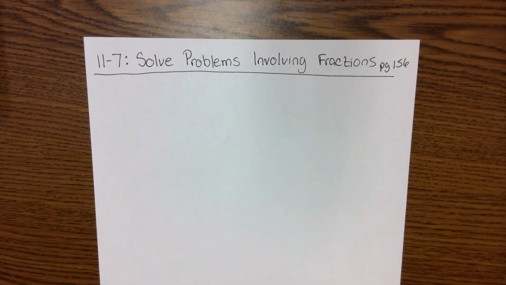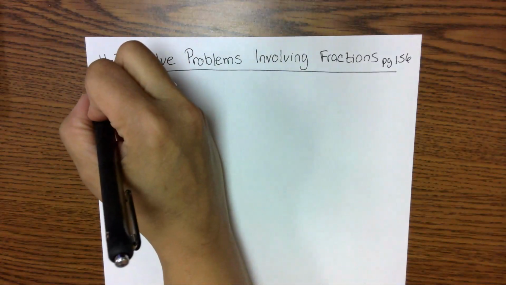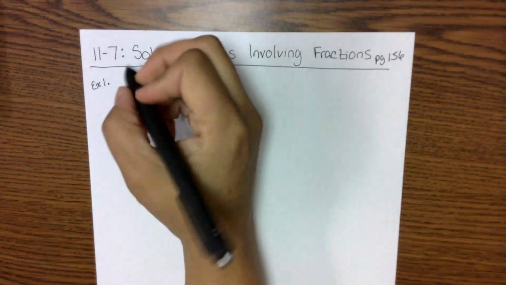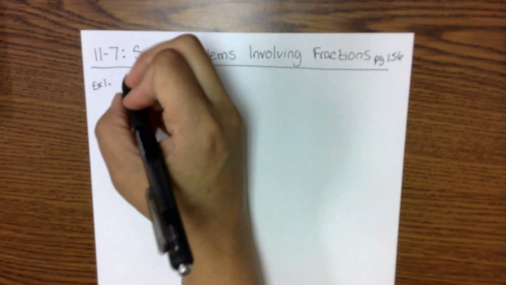So basically this is a 2-step problem. First of all, it says she uses all the ribbon to decorate 6 boxes. So she has, what's the total amount of ribbon she has? What's the total amount of ribbon she has?